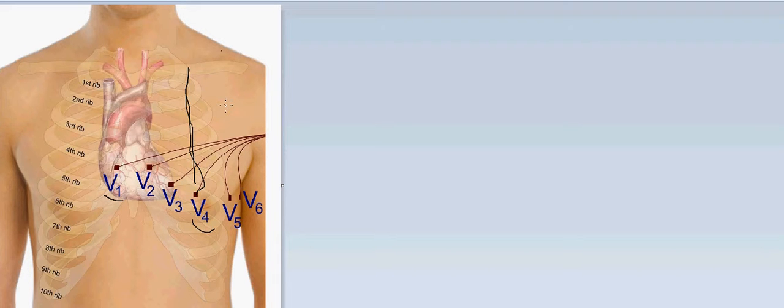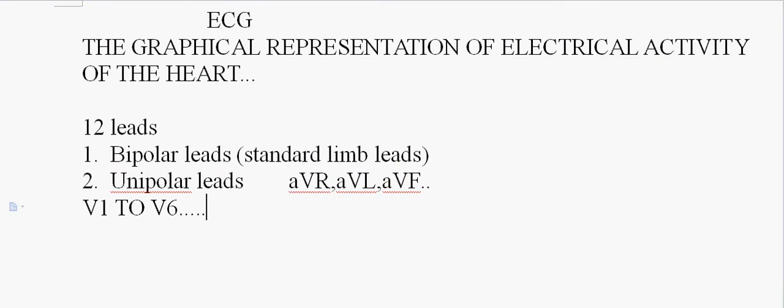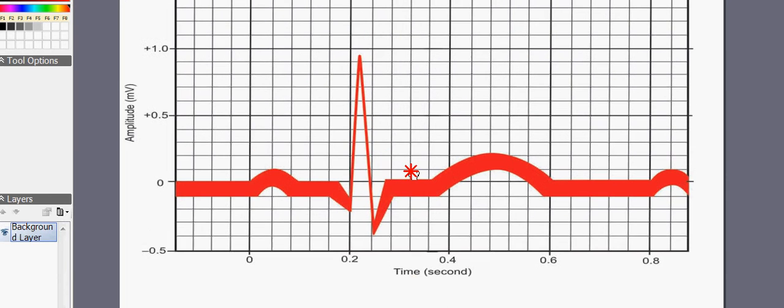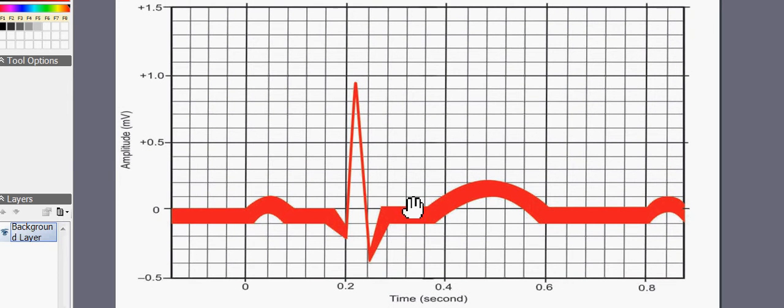Over here is V4, which is placed in the fifth intercostal space around the mid clavicular line, and next we have V5 also placed in the fifth intercostal space on the anterior axillary line, and V6 which is placed exactly on the axillary line. So all these leads are placed on the chest.